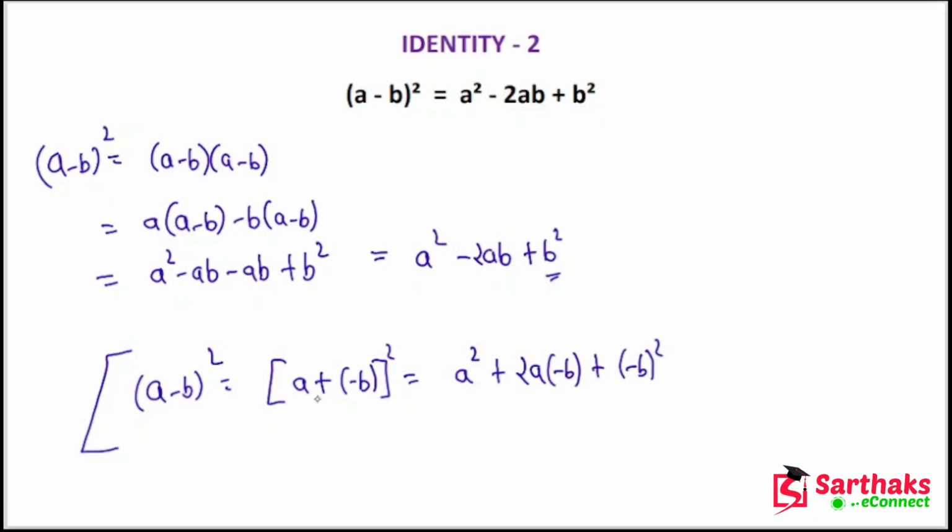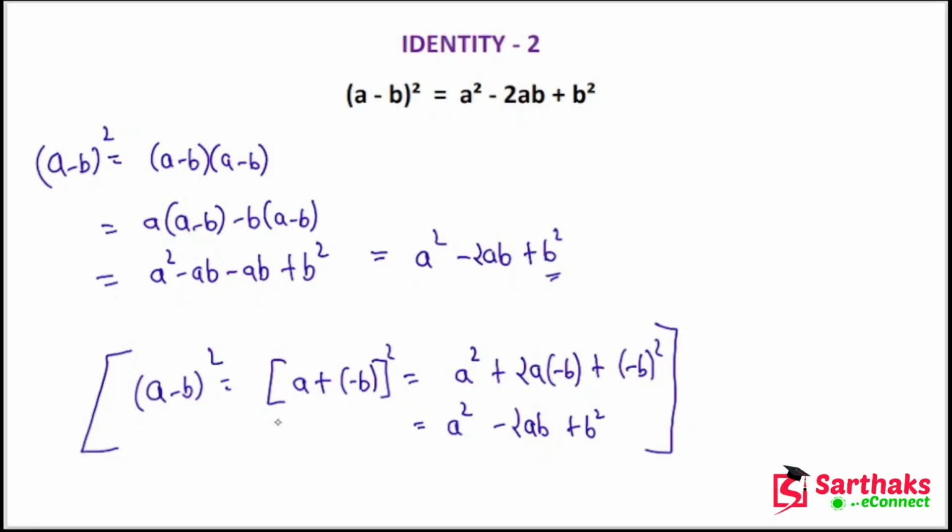Because we are writing now (a plus b) whole square, and minus b is acting like b only. So when you open it, the minus will come outside, so minus 2ab, and (minus b) square is also plus b square. Okay, so even if you know (a plus b) whole square, just replace b with minus b, and you will get this (a minus b) whole square.